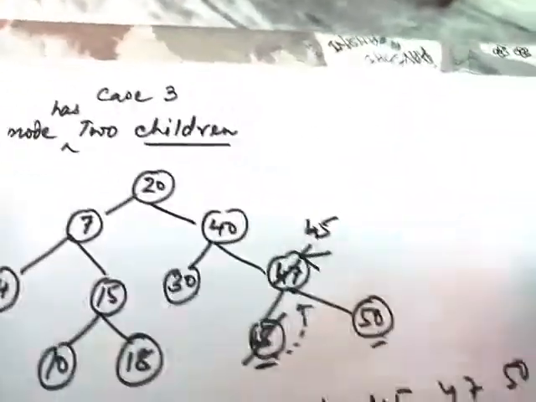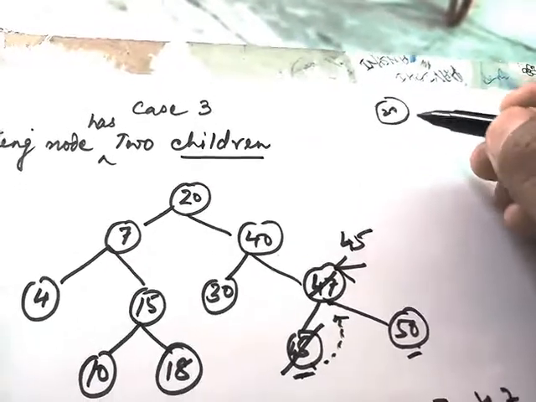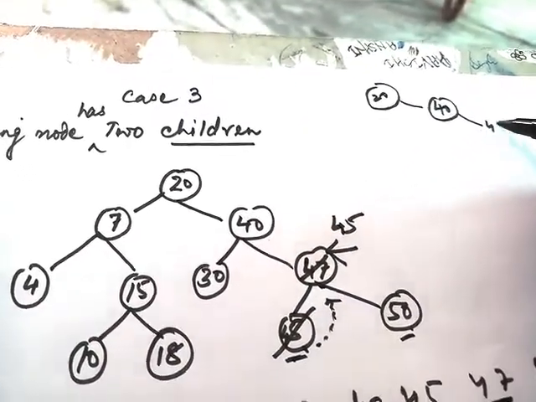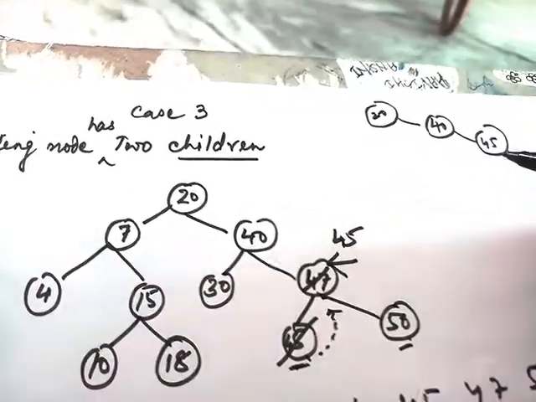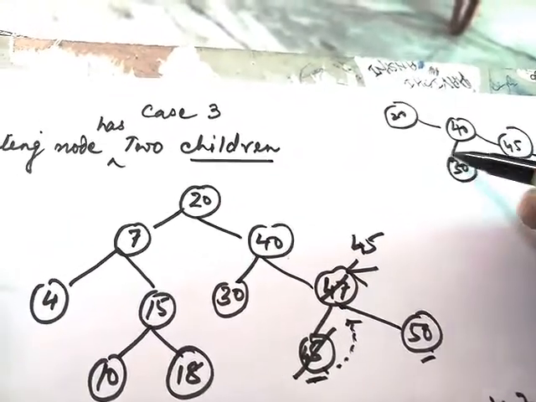So what is your final tree? I can draw it over here. So you can see 20, on the right it is 40, on the right it is 45, on the right it is 50, then on the left of 40 it is 30.